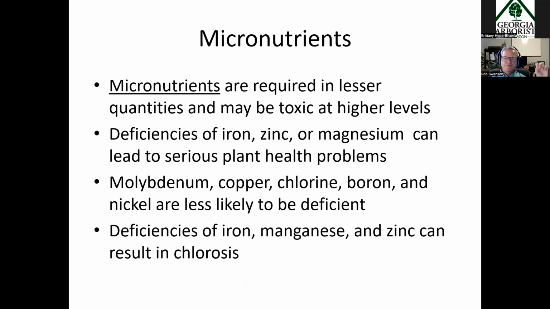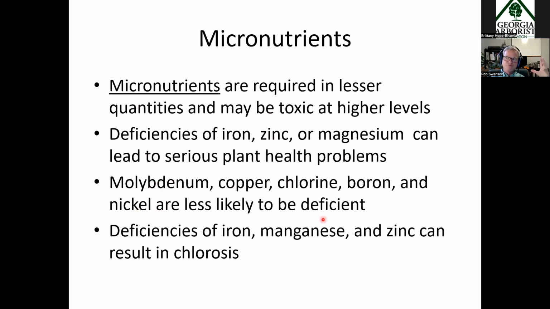So now we're going to talk about micronutrients. This is micro, so these are the small ones required in lesser quantities. And in fact, these things can actually become quite toxic at higher levels. Deficiencies of iron, zinc, and magnesium can lead to serious plant health problems. Molybdenum, copper, chlorine, boron, and nickel are less likely to be deficient.